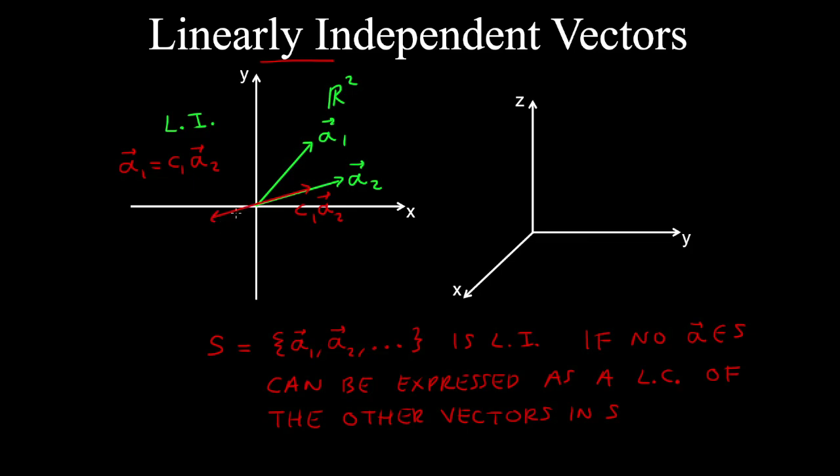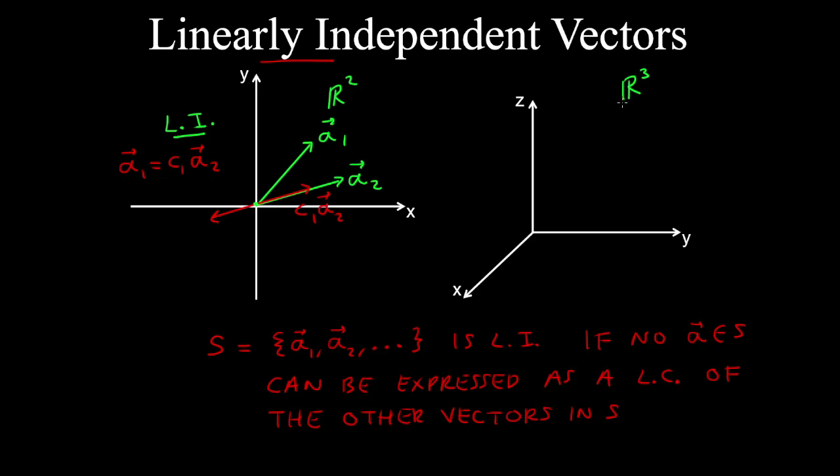So A2 will always remain on the same line. And this also applies to 3 space. If two vectors with their initial point at the origin don't lie on the same line, then they're linearly independent.